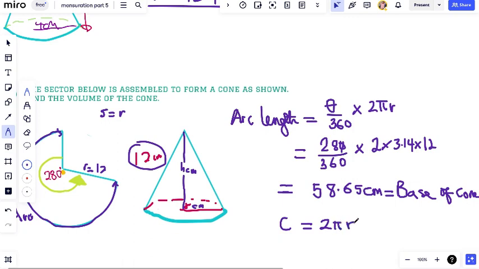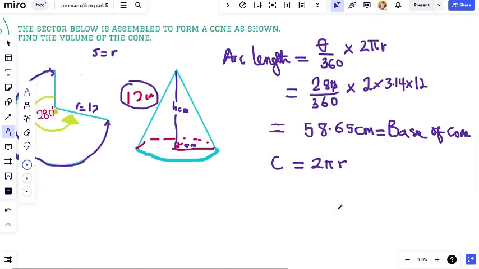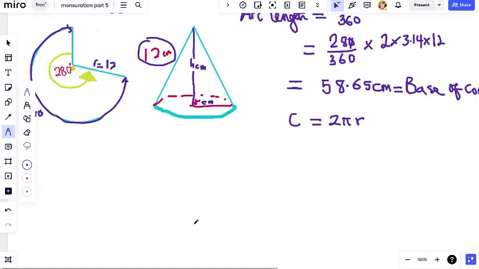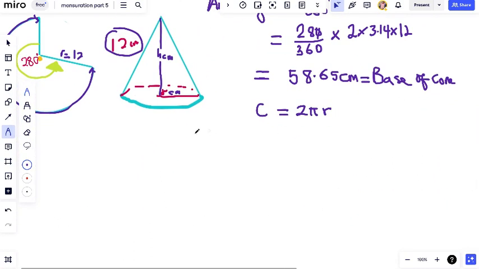So we make r the subject. We'll get r equal to the circumference, 58.65, divided by 2 pi.